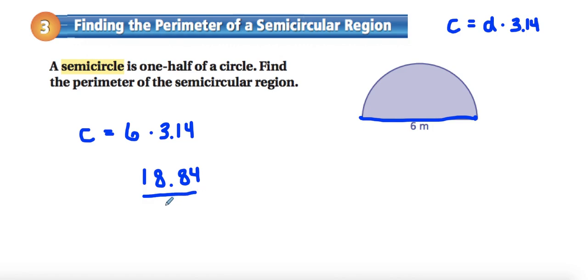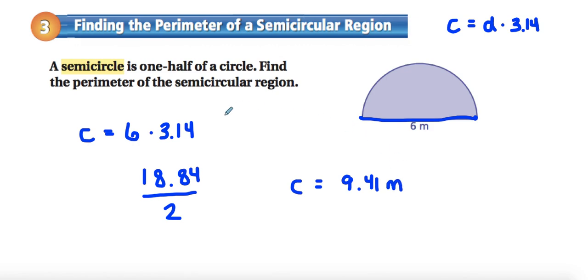So I'm going to take 18.84 and I'm going to divide by 2. When I divide 18.84 by 2, my circumference is equal to 9.41 meters.